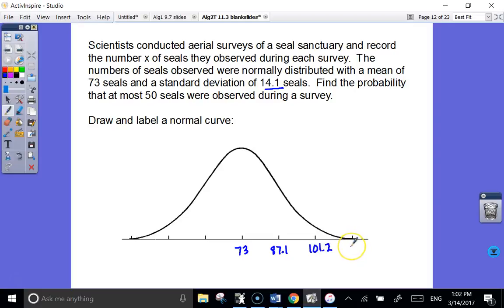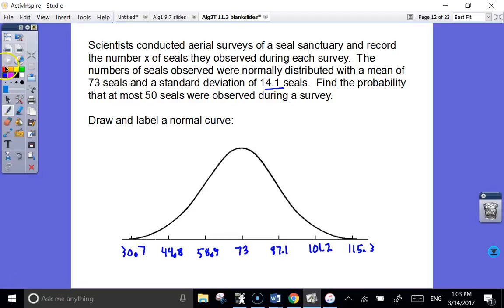Add another 14.1. Then you go to the other side. 73 minus 14.1 is 58.9. And minus 14.1 again, 44.8. And minus that again, 30.7.